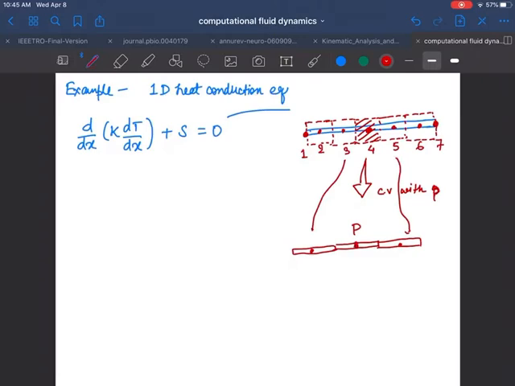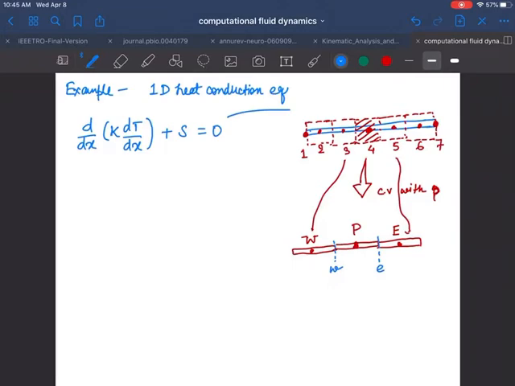So this is my P, this is my west element, this is my east element, right? And this is my west face with small w, this is my east face with small e.